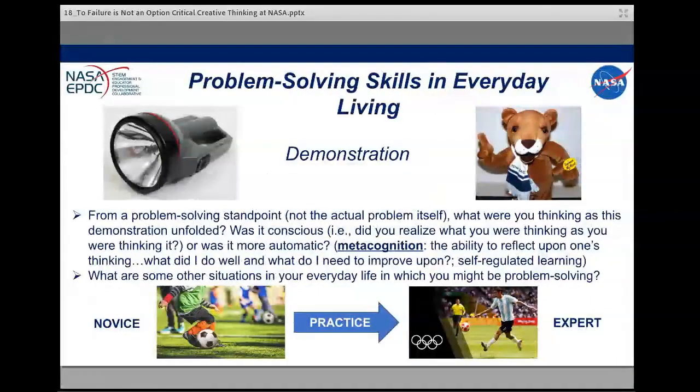What we want to do is think about where our students are at. We would like to get them from novice to more of an expert. I've put this little graphic towards the bottom here. During this demonstration, I asked you to think, from a problem solving standpoint, not the problem itself, what were you thinking as the demonstration unfolded?